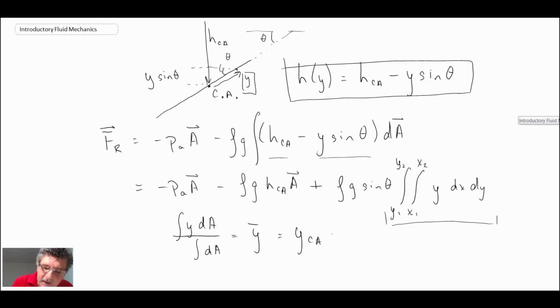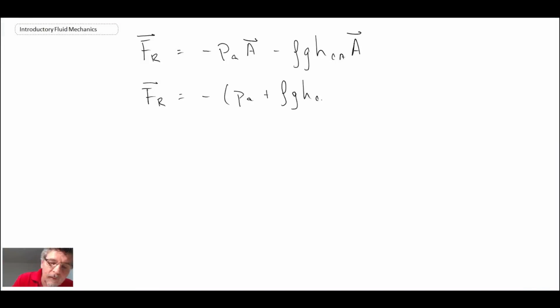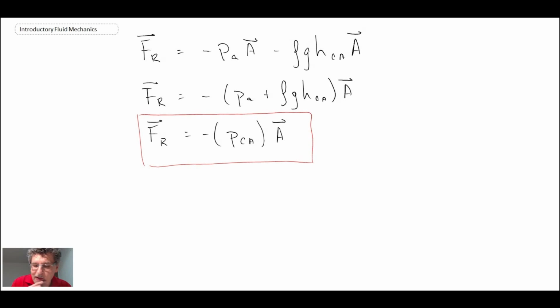Consequently, what that means is that where our coordinate system is defined, this is actually 0. And that last term disappears from our equation. So what we are then left with is this equation here. The resultant force on the plate is nothing more than the pressure at the center of area, and that's what this is showing, pressure at center of area, multiplied by the area of the plate. And I've shown it in vector notation here because we need to preserve the vectors.